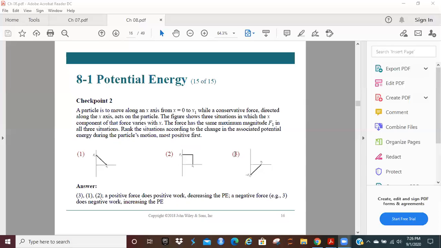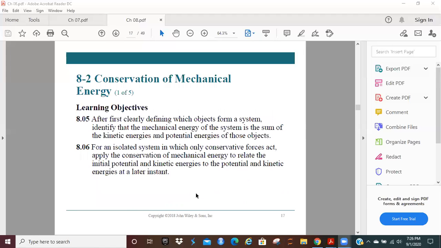So that's why it's ranked 3, which produces a positive potential energy, then 1, which is going to drain potential energy, but not by as much as a constant force all along, no matter where you are away from that equilibrium position. So this is kind of a tough thing to see, but that's what it's trying to explain.